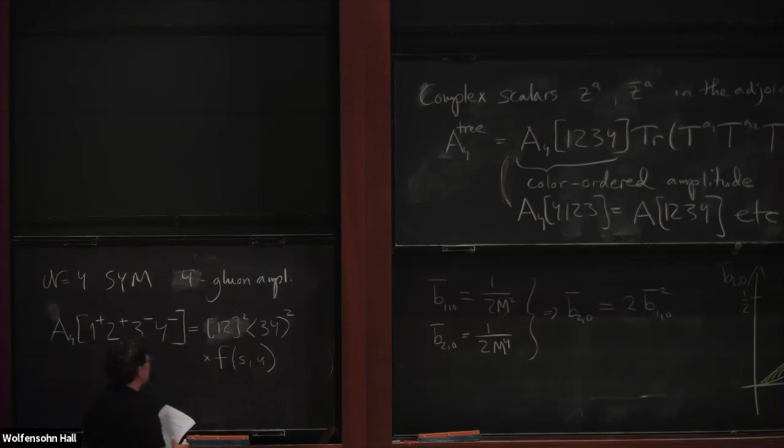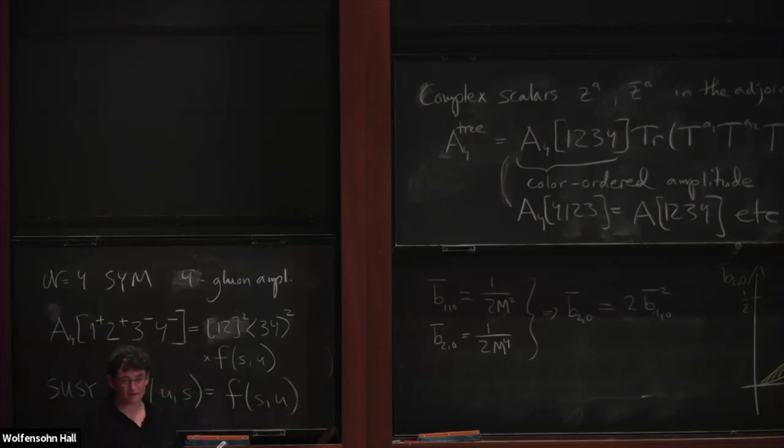And then these brackets here, they really just encode the polarization of the massless vectors. And then there is some Mandelstam function that multiplies this. And if you look carefully at what supersymmetry requires, then supersymmetry tells you that this function that you have here has to be symmetric in s and u.